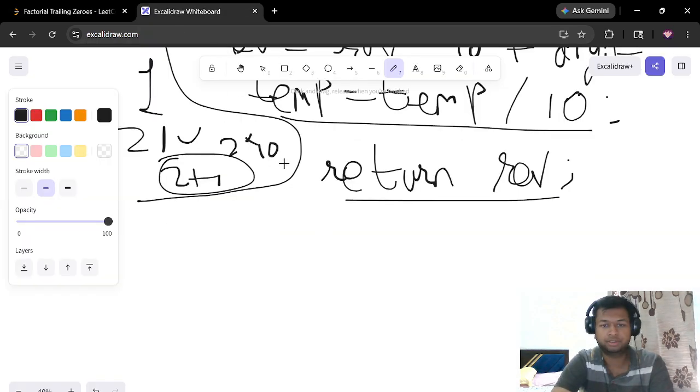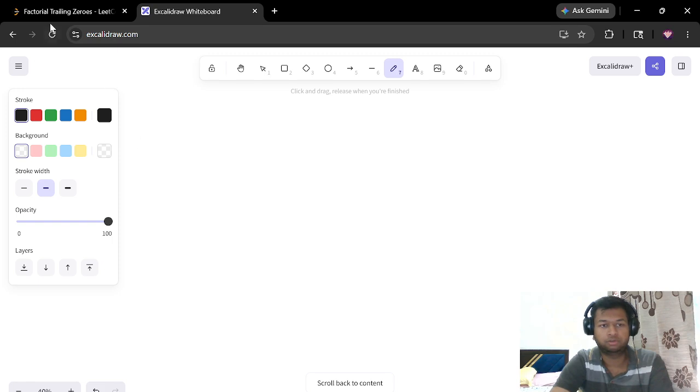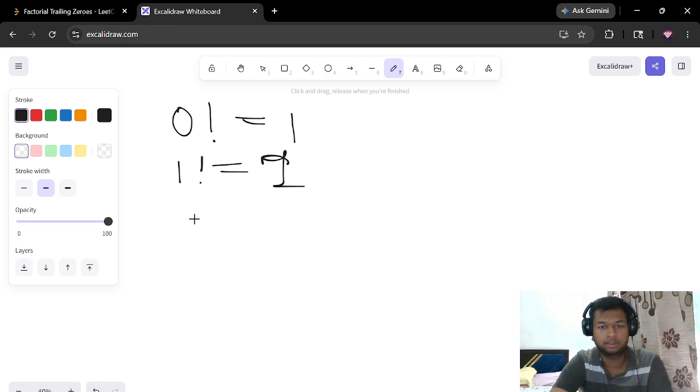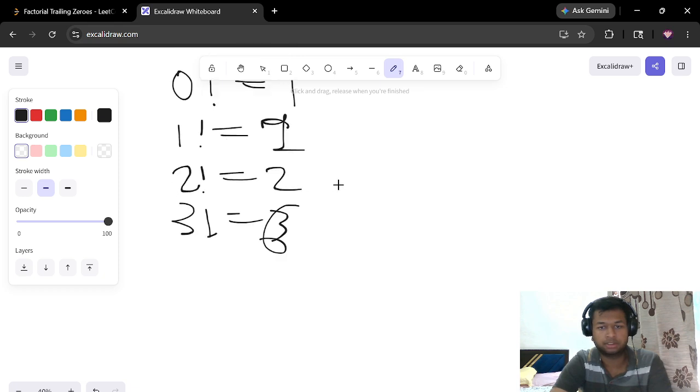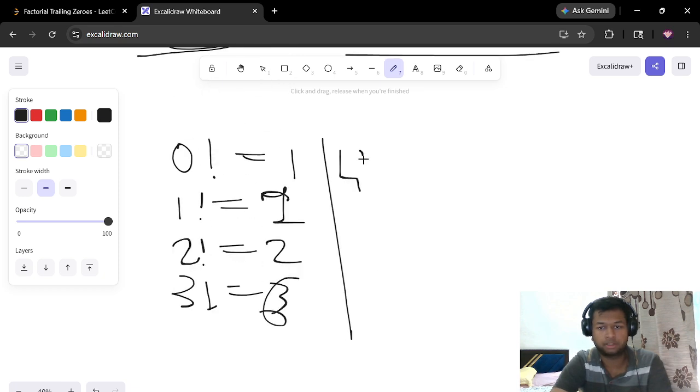To approach this question, you should know that 0 factorial is 1, 1 factorial is 1, 2 factorial is 2, 3 factorial is 6, and 4 factorial is 24.